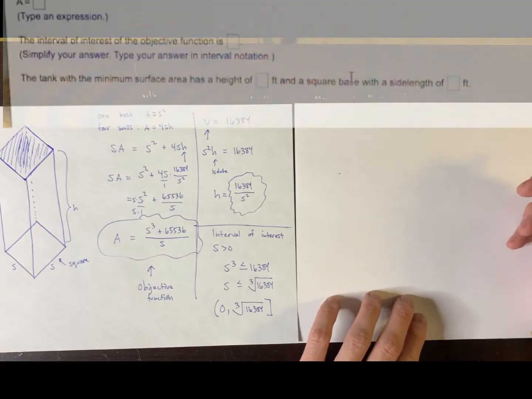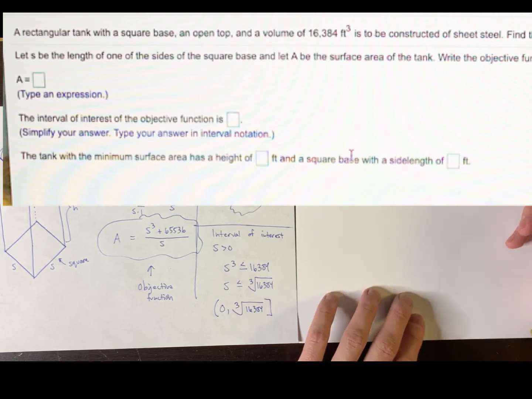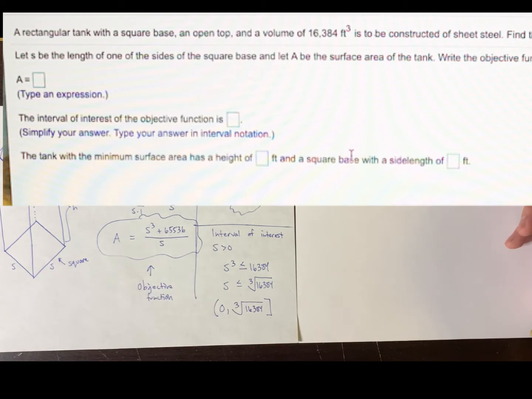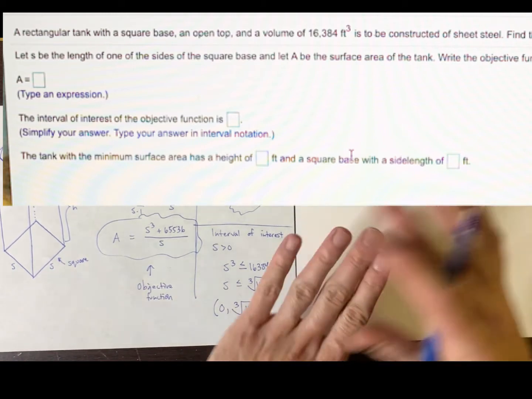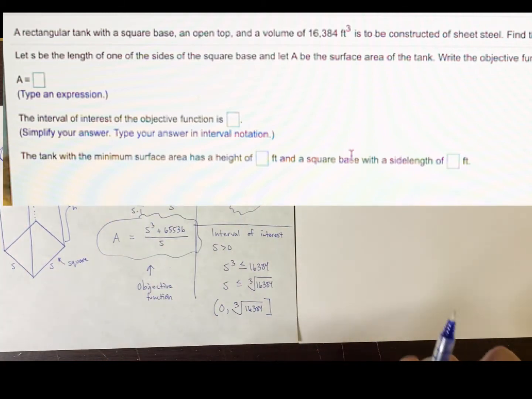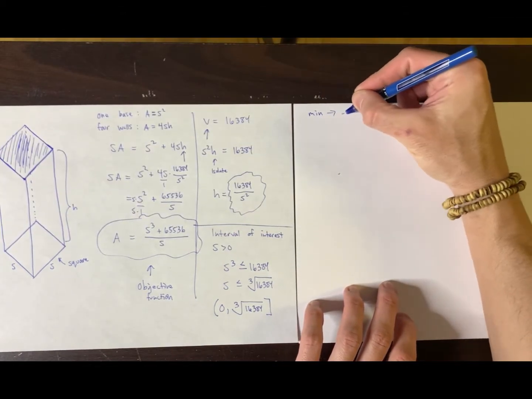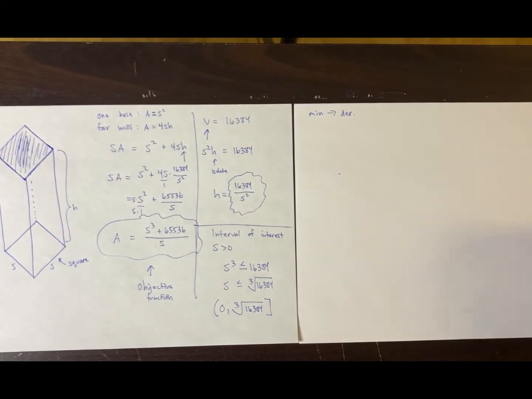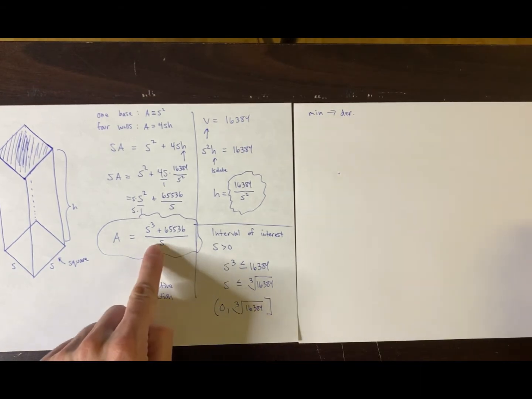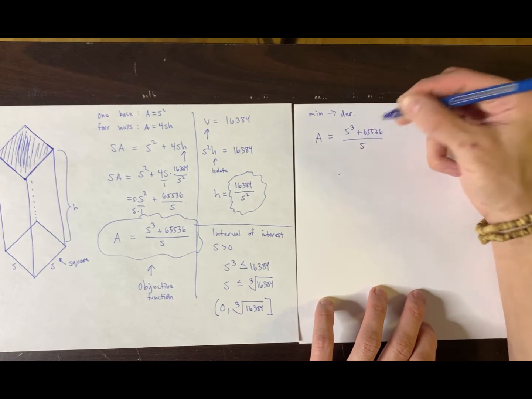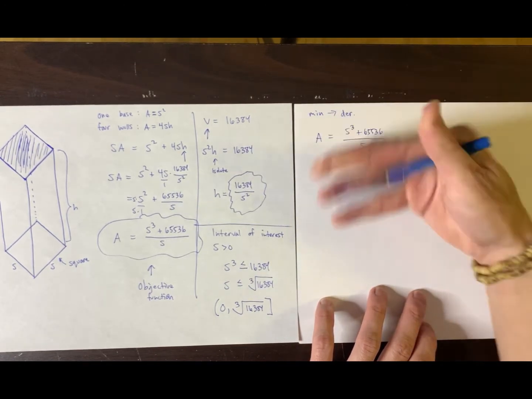So now for the last part, we want to find the height and we want to solve for S and H basically. Now recall that the overall agenda was to minimize surface area. As soon as you hear the word minimum or maximum, you're pretty much going to find a derivative, the derivative of the objective function. So let's write that down again. And now we want to find the derivative of A, so that would just be A prime.